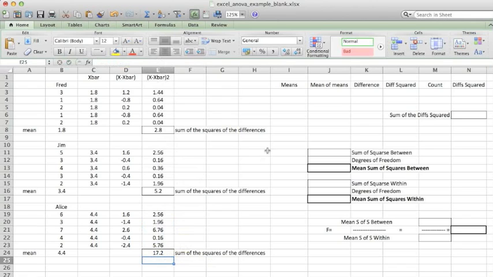These values represent the sum of the squares of the differences for each of the groups. I'm going to add them together to give me the total sum of squares.